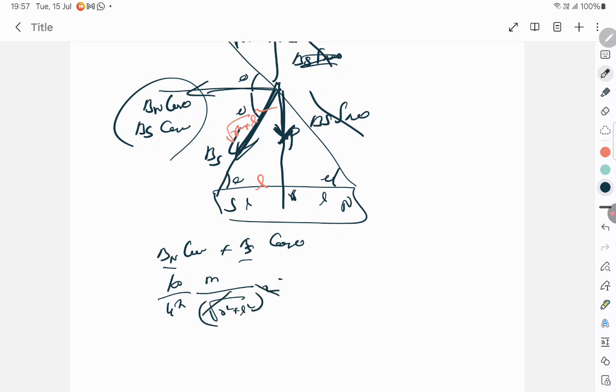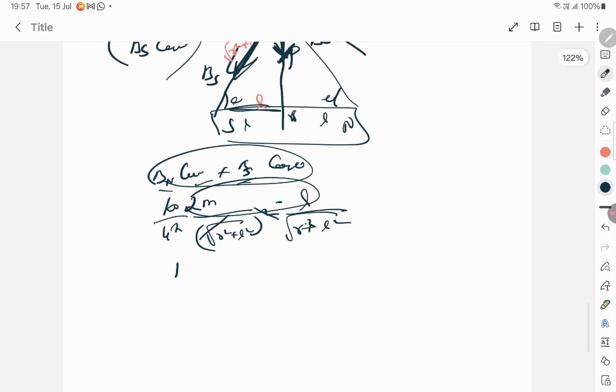Root and square get cancelled, multiplied by 2 because both are the same value. And cos theta in general is adjacent by hypotenuse, which is L by root of r square plus L square. So it will be mu naught by 4 pi into capital M by r square plus L square whole to the power 3 by 2.